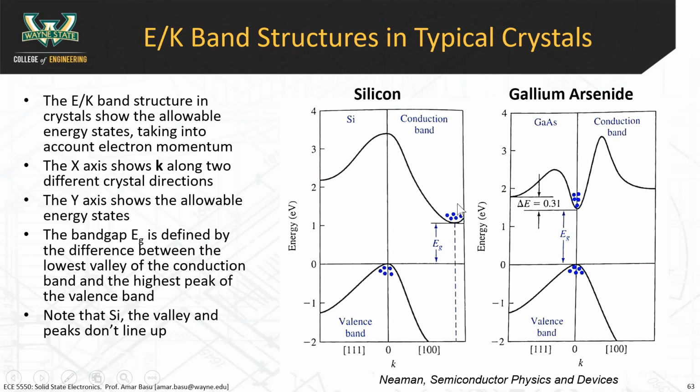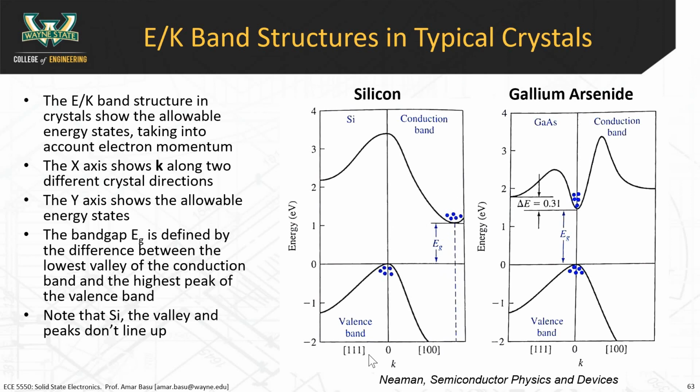The key observation with silicon is that the energy band minimum occurs in the 1, 0, 0 direction, when the electrons are traveling at a certain momentum. That's when the lowest energy in the conduction band occurs. And the highest energy state in the valence band occurs at K equals 0. To hammer it to death, K equals 0 means the electron's not moving.